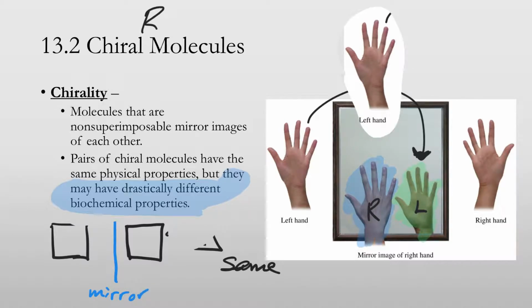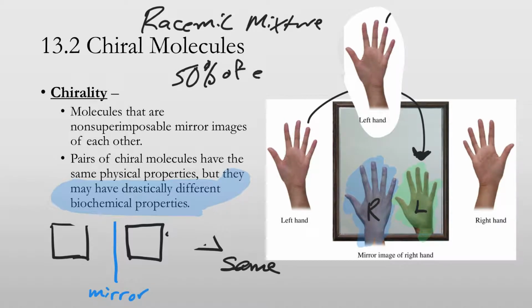You won't see this in your book anywhere. But a racemic mixture is 50% of each, for now I'll just say mirror image molecule, or chiral molecule, okay?